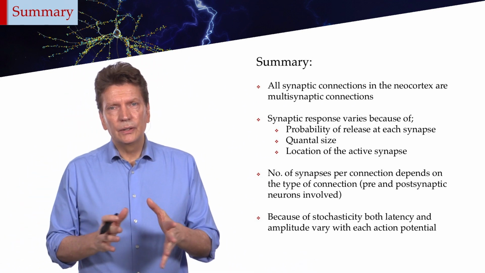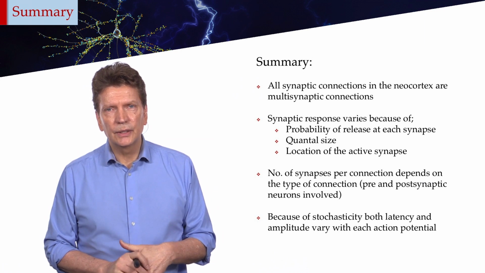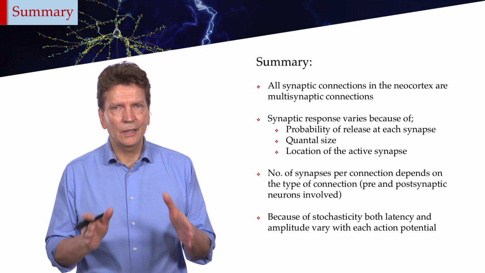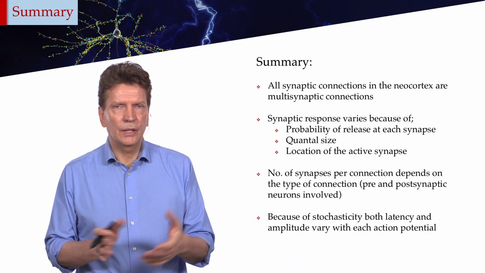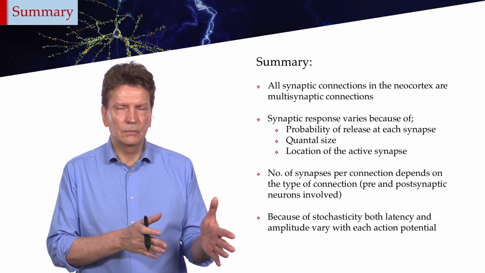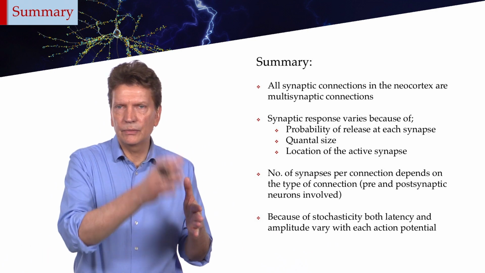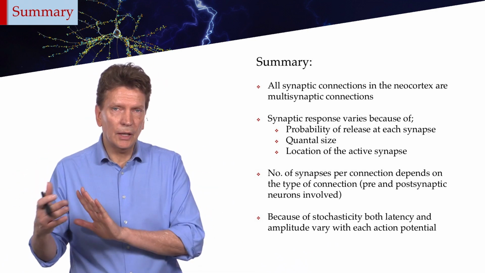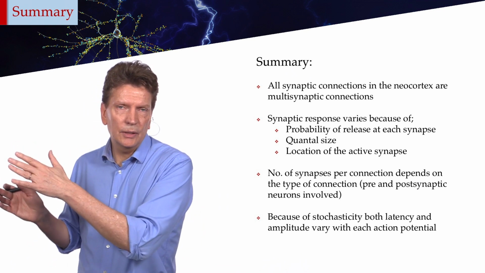The third piece of information that you learned here was that the number of synapses per connection depends on the type of connection. So in the example I showed you where there are just pyramidal cells, they may form between 3 and 8 synapses. If you go to a different type of cell, it may be between 5 and 20 synapses.